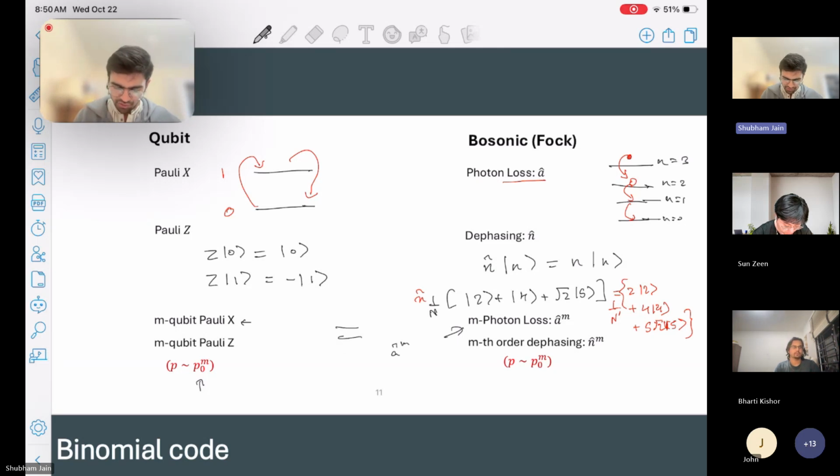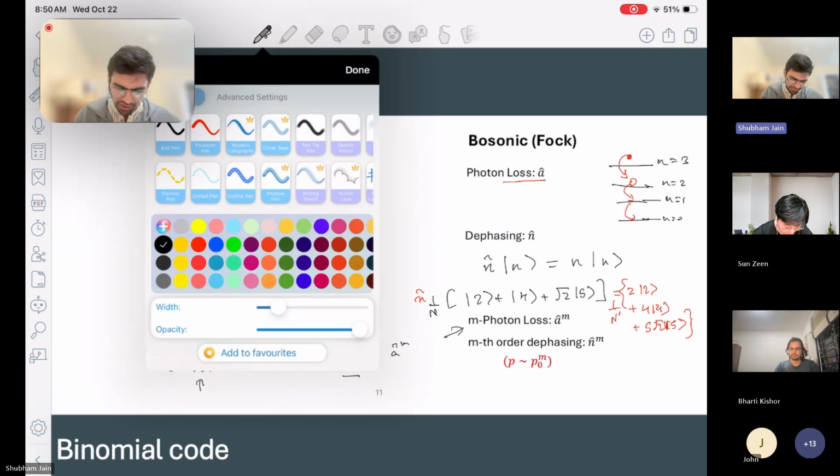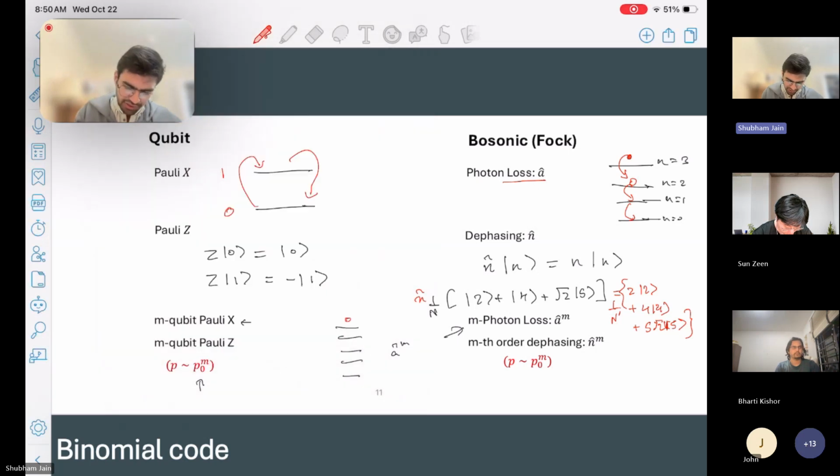Instead of bringing you down one level, it will take any Fock state and bring you down m levels. Here I'm representing m equals 2. So a second-order photon loss would bring you down two levels directly instead of one. And similarly, an mth-order dephasing error is an mth-order error of the same kind.